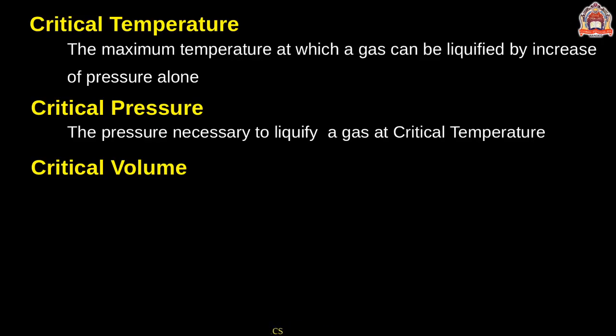For carbon dioxide it is 31.1 degrees centigrade, for oxygen minus 118.8, for nitrogen minus 147.1, and for hydrogen minus 239.9 degrees centigrade.